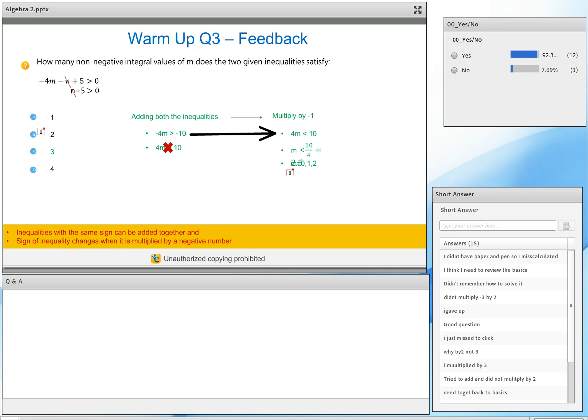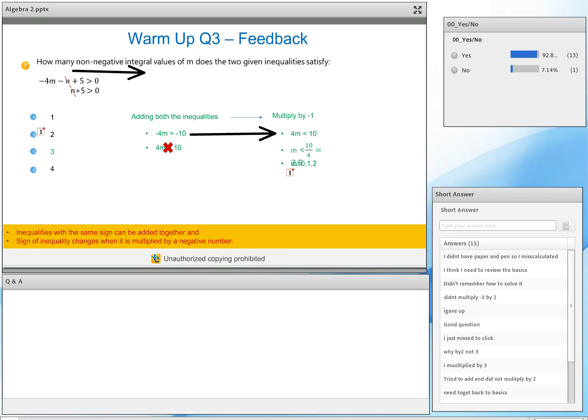Which means m is less than 10 by 4, which is equal to 2.5, which means the non-negative integral values of m are 0, 1, and 2. Now 0 is a non-negative integer. If the question was a positive integer, then yes, the correct answer would have been 2, but in this case what you've been asked is non-negative integer.